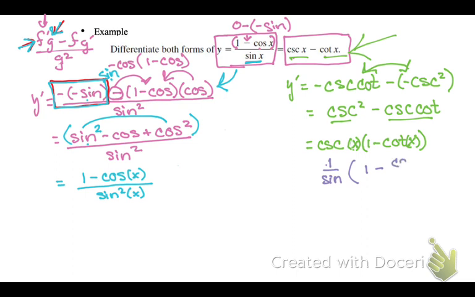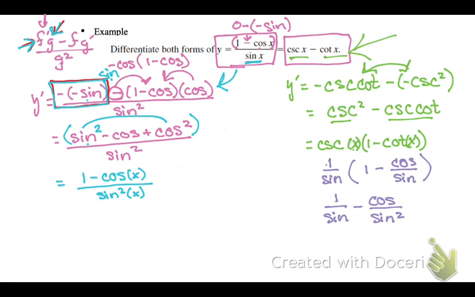Cosine over sine. Look, we did it. How do you get the ones to make one? Then we get 1 over sine minus cosine over sine squared.